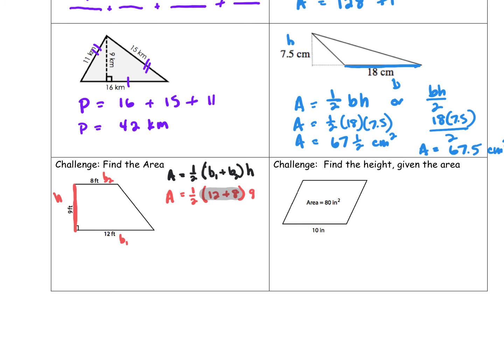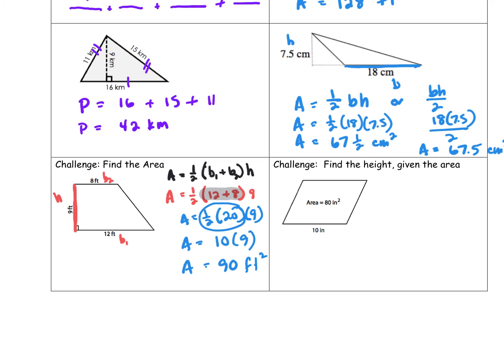So we're going to work on the parentheses first. So we now have area equals 1/2 times 20 times 9. So 1/2 of 20, if I work on this first, is 10. And we still have 10 times 9. 10 times 9 would be 90 feet squared.